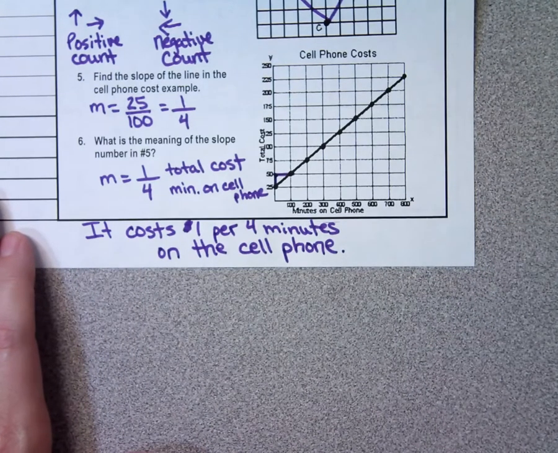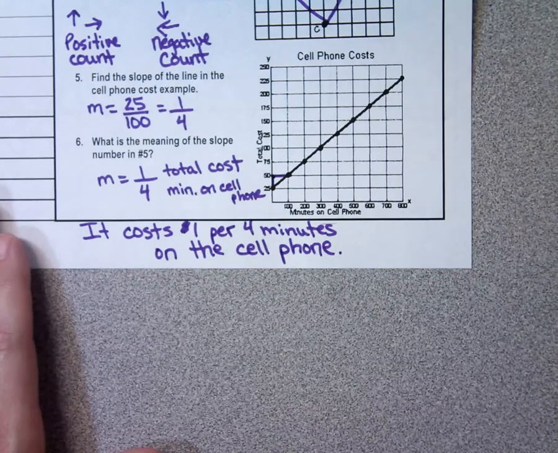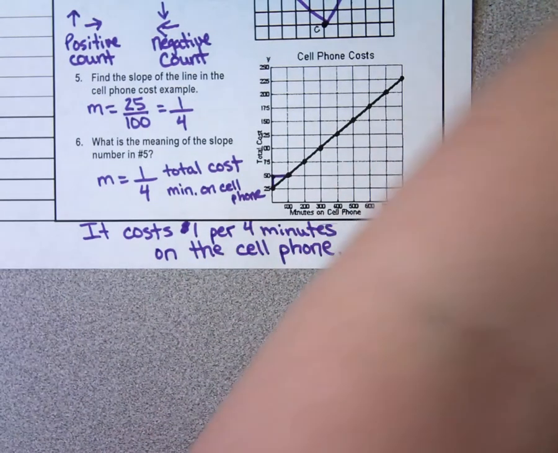So it costs $1 per 4 minutes on the cell phone, or you could say it costs $1 for every 4 minutes on the cell phone. Something like that. Okay, are you having fun yet?